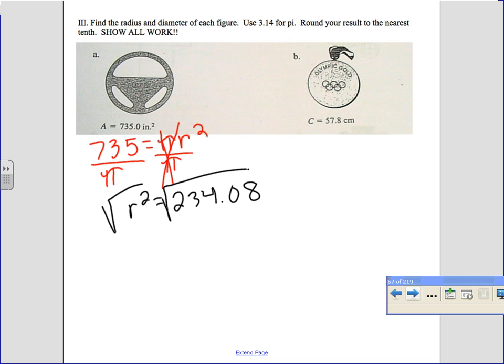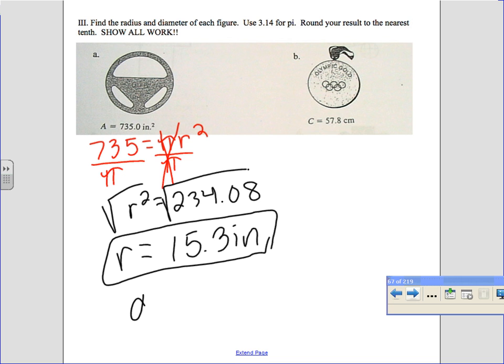You can keep your radius, in this case, to a decimal. So square root that. Let's round this one to the nearest tenth. What is the radius? Abigail? Good. 15.3 inches. So there's our radius. We now need to find the diameter. Mike? Good. Multiply that by 2, you get 30.6 inches.